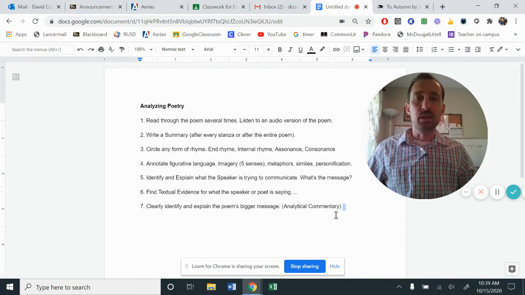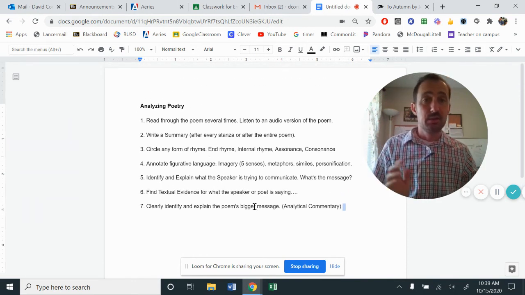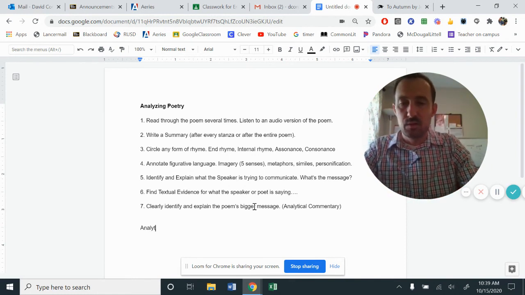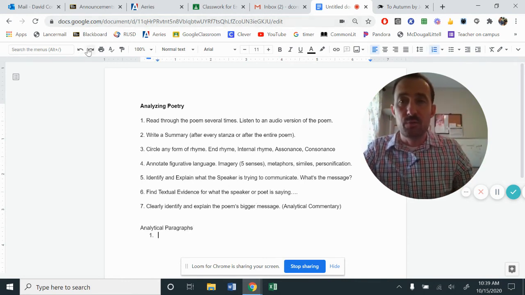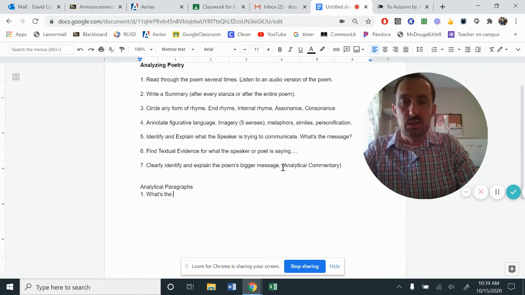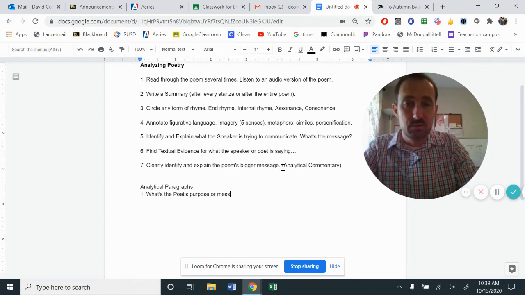Okay. Now, piecing these things together, if you look at your body, your analytical paragraphs, you always look for 2 things. One thing that you focus on first and foremost is what's the poet's or author's purpose or message.